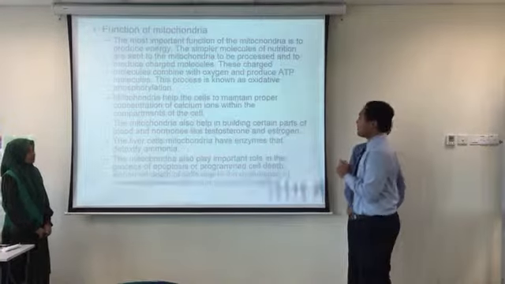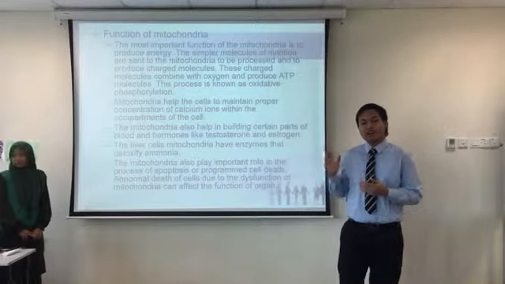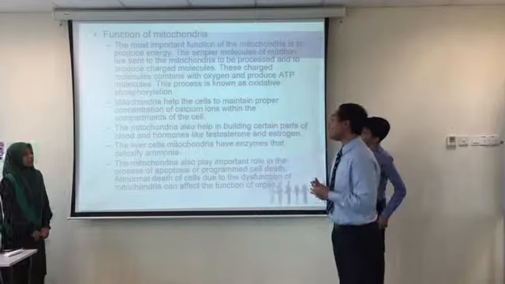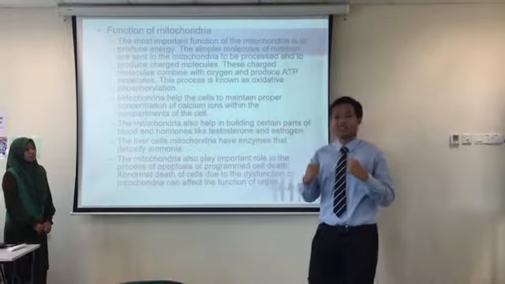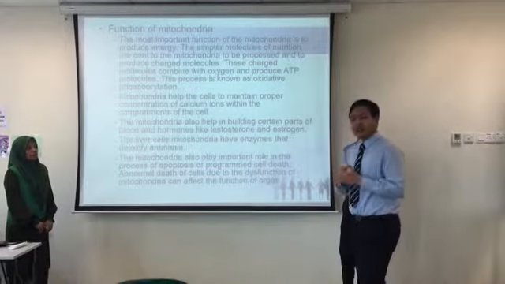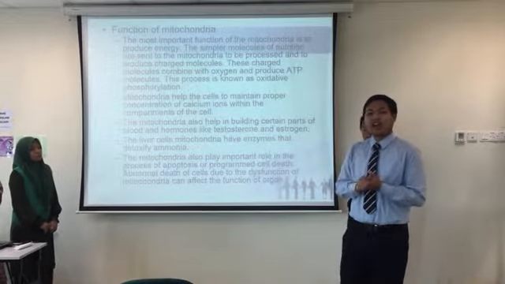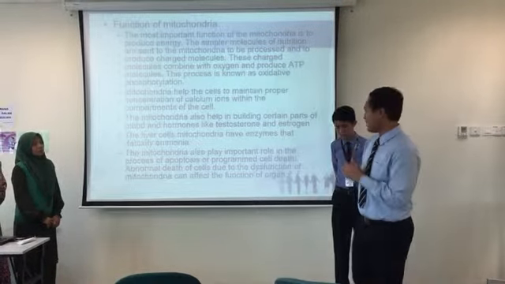Next, the function of mitochondria. This is why the mitochondria is known as the powerhouse of the cell. Because the most important function of mitochondria is to produce energy. Like we know, cells also carry out living processes, and living processes need energy.